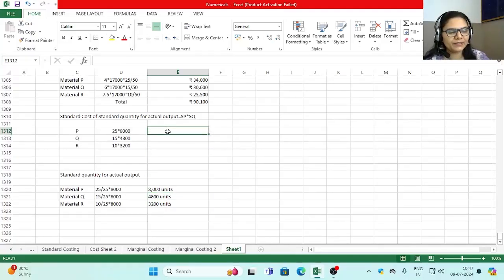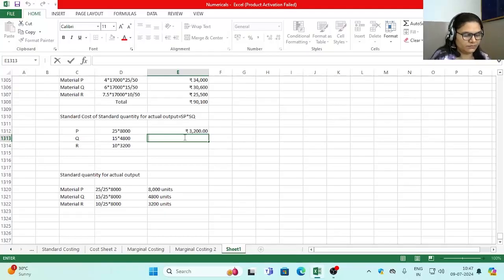So we will get rupees 28,800. Next we have to calculate it.